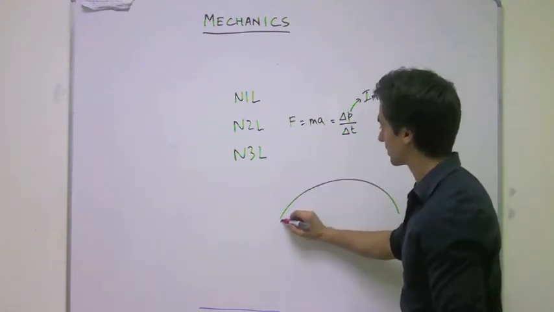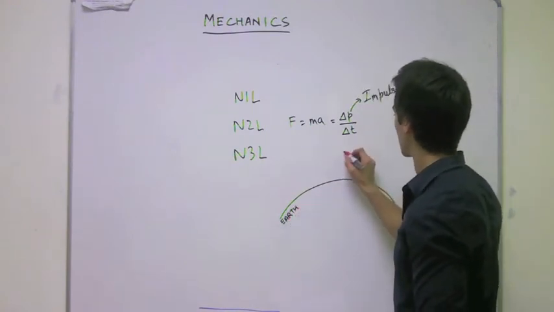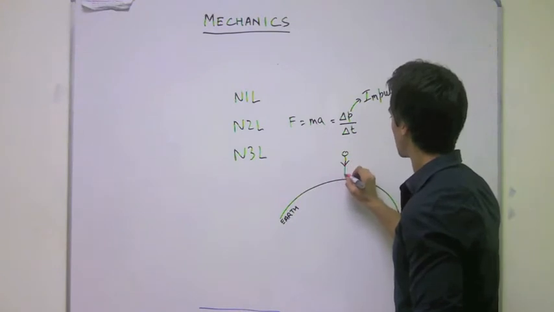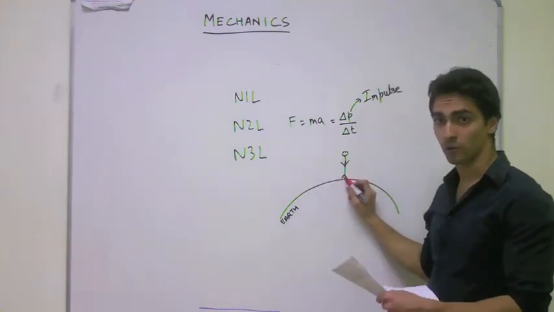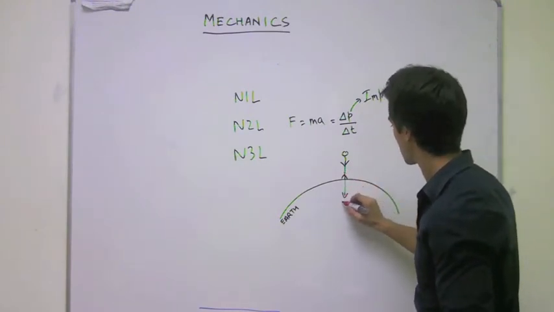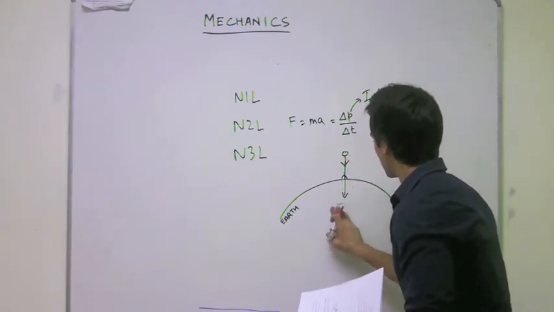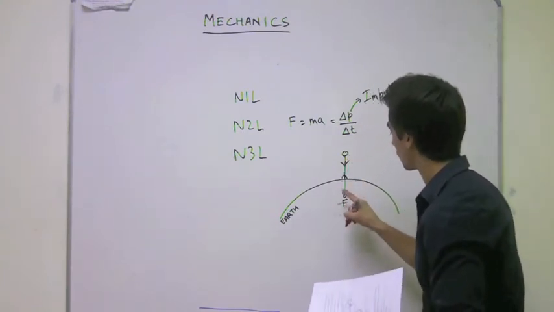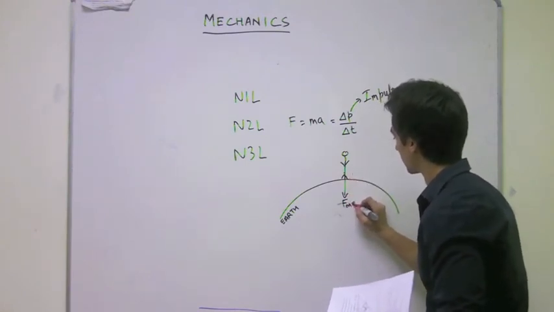Say for example, this is the planet and there's a man standing on the planet. So you want to draw the forces here. For example, the weight acting down on the man, right? So that's the force exerted on the man by the earth.